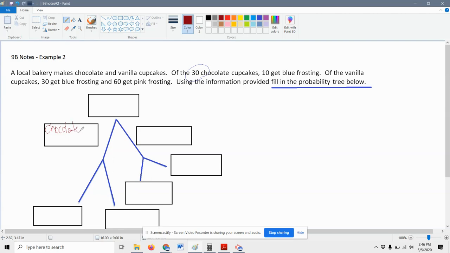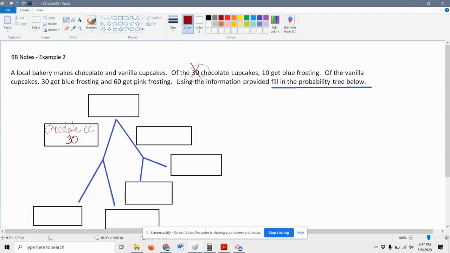I'm just going to put CC for cupcakes, okay? And we know that there's 30 of them, so I'm going to put that here. And that means that this whole branch is just all about chocolate cupcakes. So then we can cross that 30 off, all right?